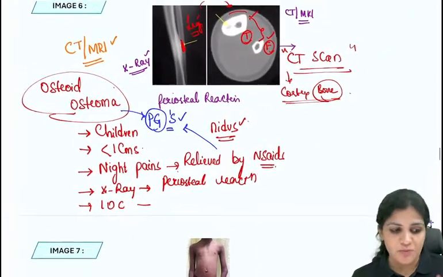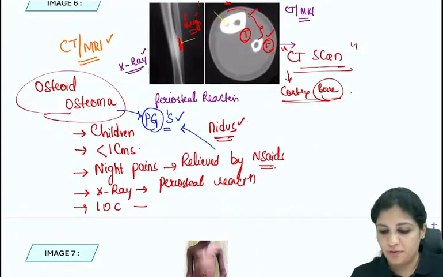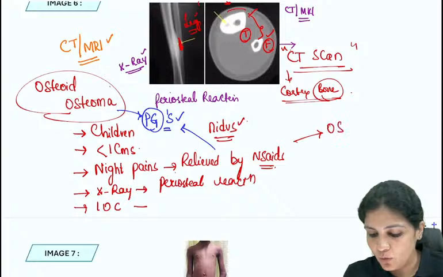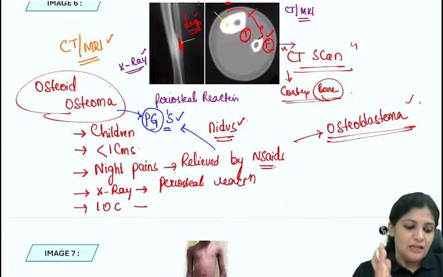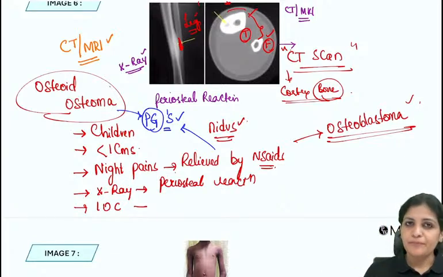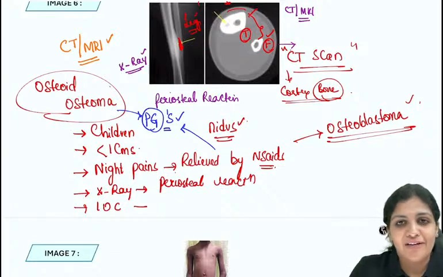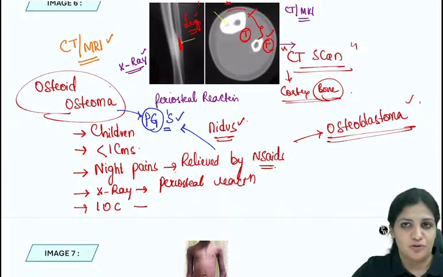If it is not responding to NSAIDs, you can think about osteoblastoma. There is one more sister of this osteoid osteoma where similar things are present. Whenever the pain is subsiding with NSAIDs, that means it is osteoid osteoma.